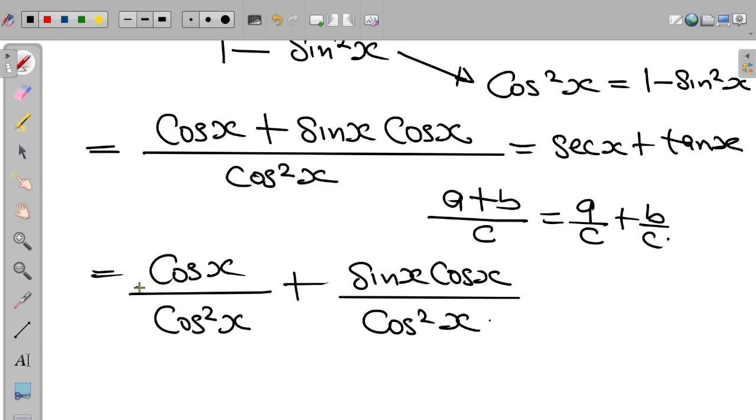So if cos x cancels itself, we have 1. If cos x cancels cos squared x, we'll be left with cos x.